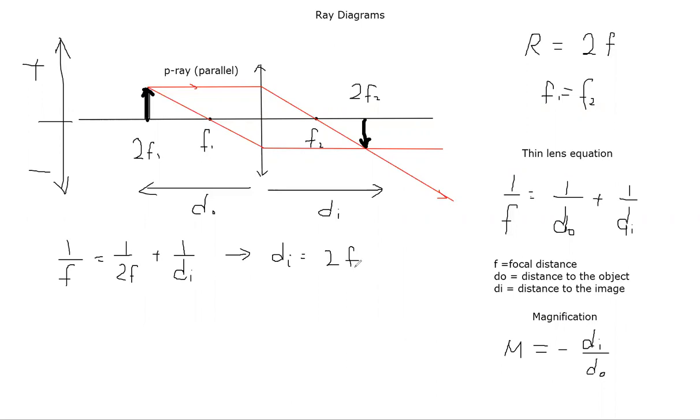Are there any questions about how we got 2f for the DI? So I suppose there are no questions about how we got DI. It's about addition of fractions.